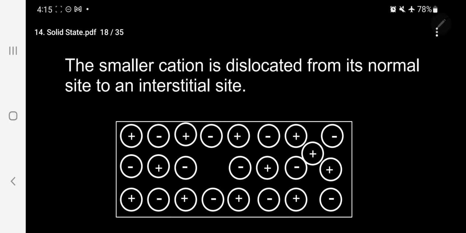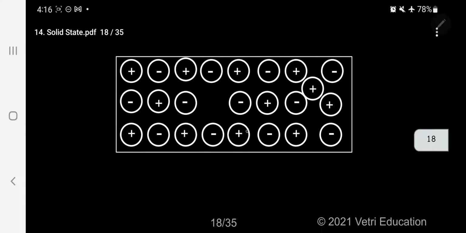The interstitial site. One of the positive ions is missing from here and occupies the interstitial position. That's why it is called interstitial site. So density will not be changed. So Frenkel defect is an interstitial defect. Density will not be changed normally in ionic solids.